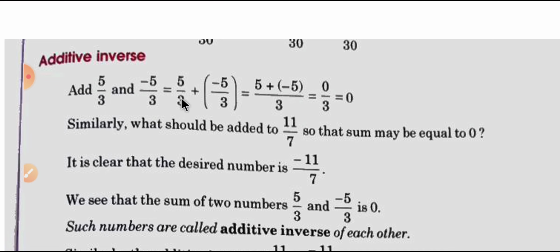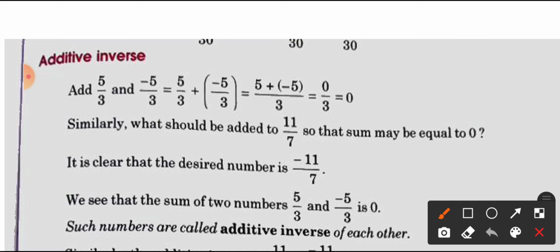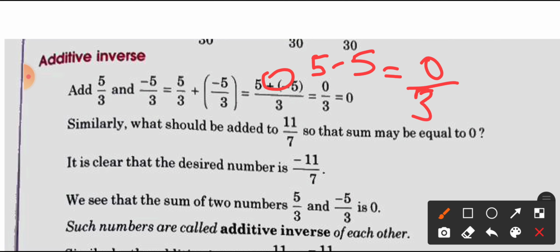If you add 5 by 3 with minus 5 by 3, we know that minus 5 is the opposite of 5. Here the denominators are the same, so we will add the numerators. So 5 plus minus 5, and we know that plus into minus is minus, so 5 minus 5 is 0 by 3, and if we divide 0 by any number, the answer is always 0.